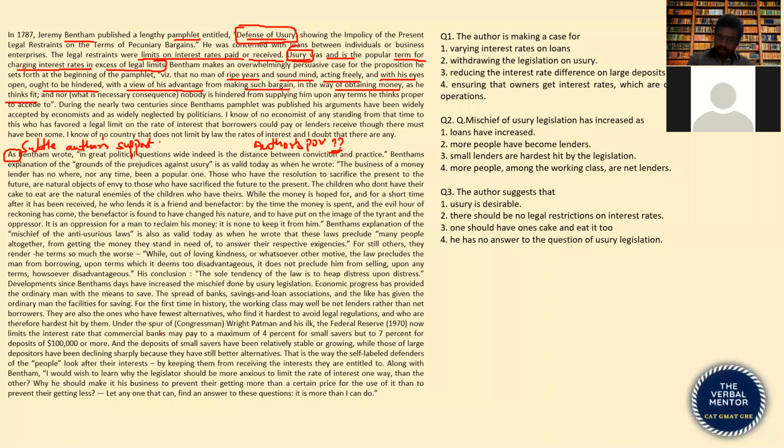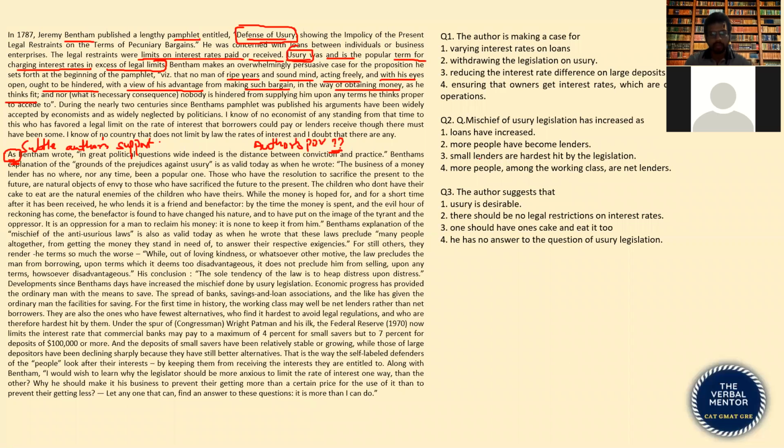And because the author has presented Bentham's point of view and shown a subtle support here, we can conclude safely that the author is of the viewpoint that there should be no upper limit, there should be no ceiling on the interest rates. Legislation should not be made in that regard.